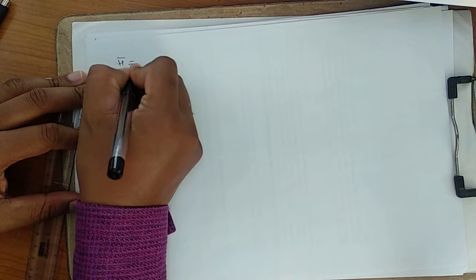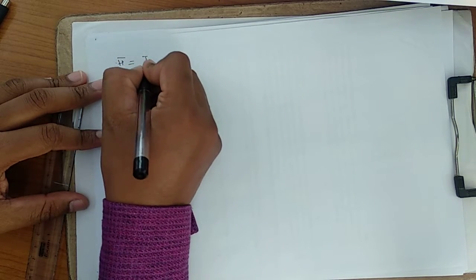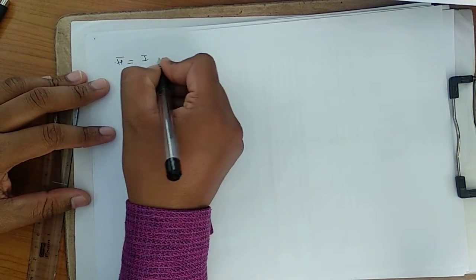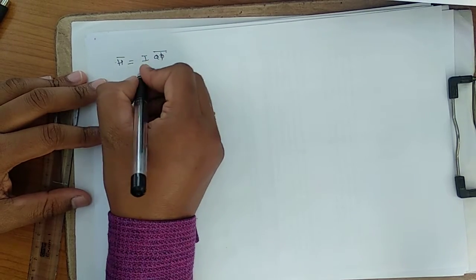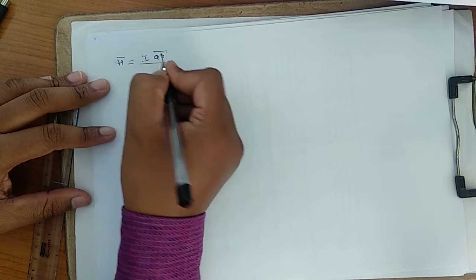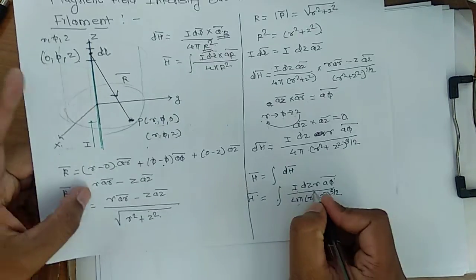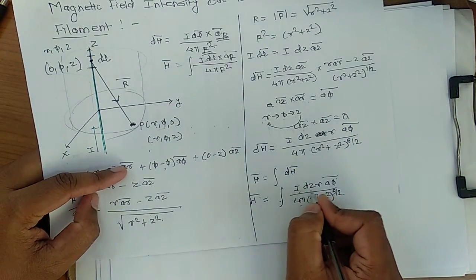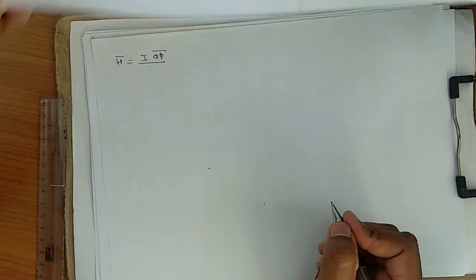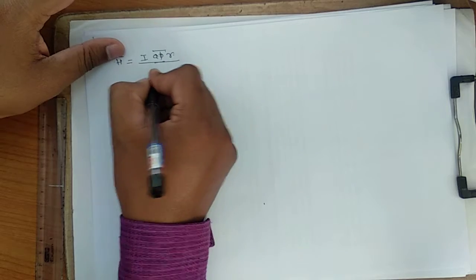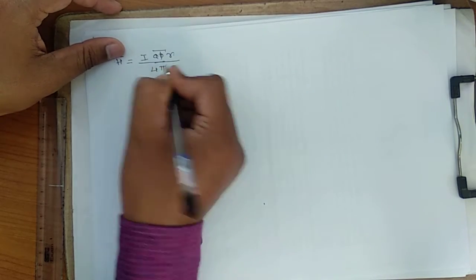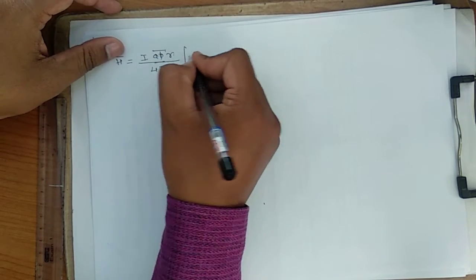So H̄ is equal to I Aφ̄, which you have to take outside, and this r is also constant because we are differentiating with respect to z. So H̄ = I Aφ̄ r divided by 4π, times the integration.